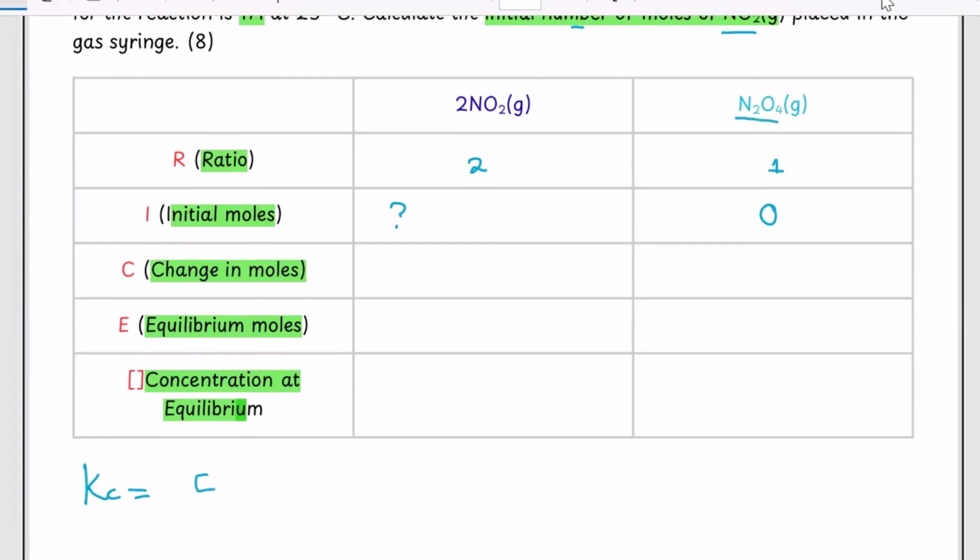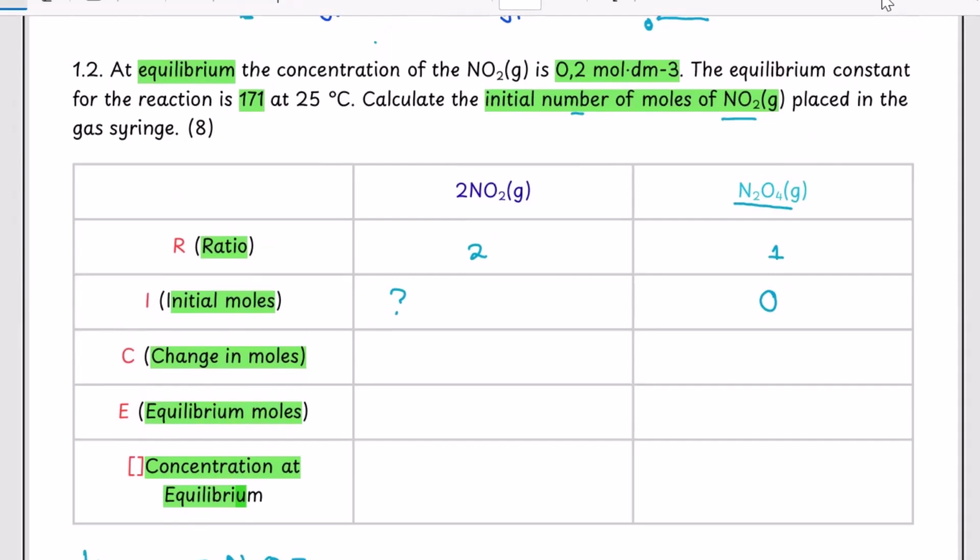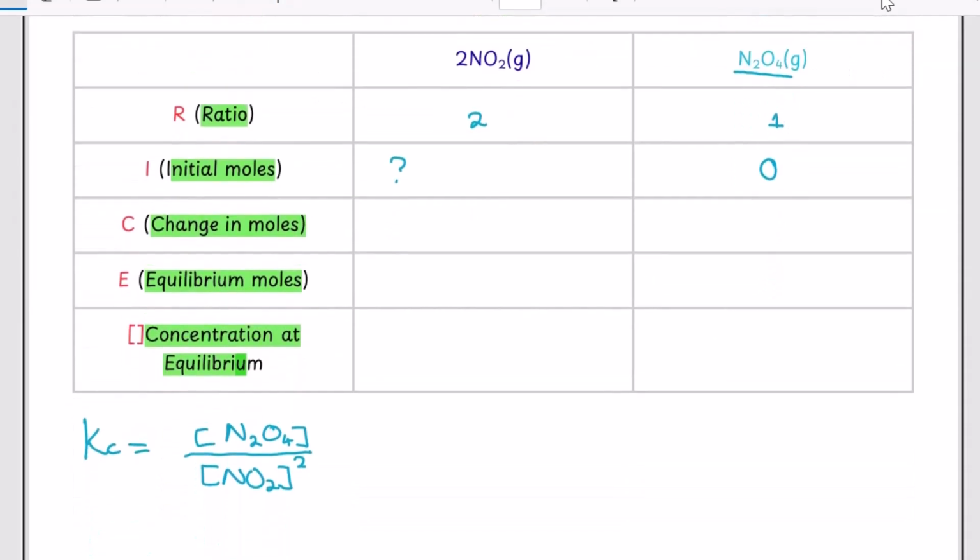My product is N2O4, all over the concentration of my reactants, NO2, squared since there are two moles. Going back to the data, the equilibrium constant Kc is given as 171.